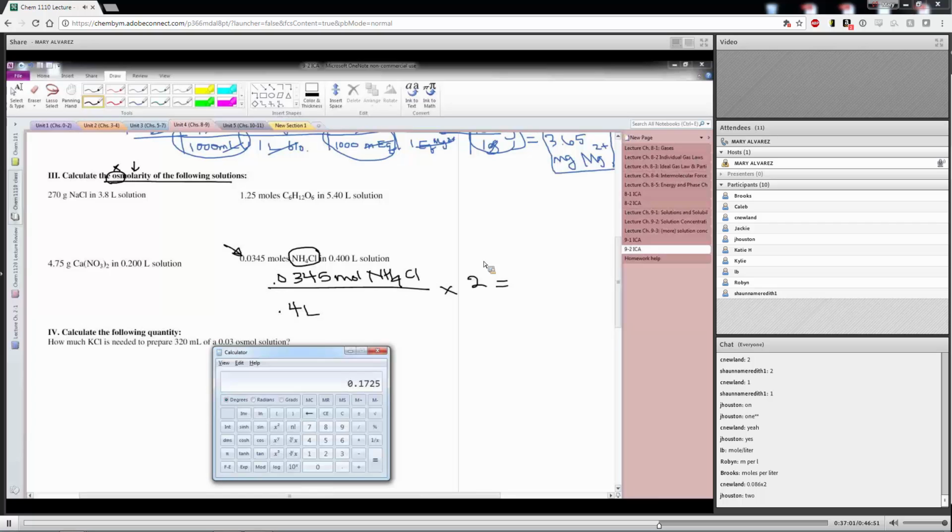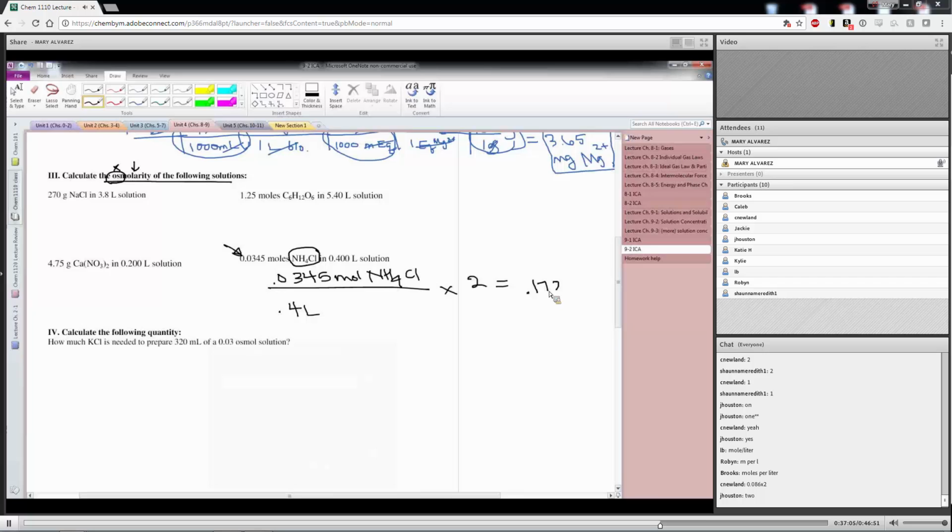And I get 8.1725 osmol concentration. Excellent. Okay. That's what sections 3 and 4 are talking about, osmolarity. Again, you guys know what molarity is, and at this point it's just a matter of recognizing, is that ionic or covalent? How many ions will I get if it's ionic? Counting those up and multiplying them in.